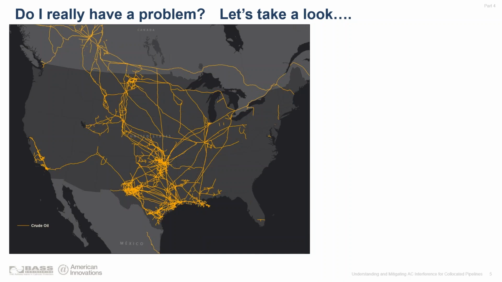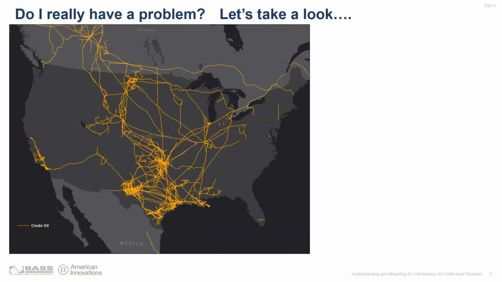This first map you see here is all of the crude and refined product transmission pipelines in the United States. Again, these are just jurisdictional pipelines, transmission only. This does not include gathering lines and other shorter flow lines and things like that. It makes sense, right? A lot of concentrated pipelines in the shale plays out in the Permian Basin in West Texas and New Mexico.